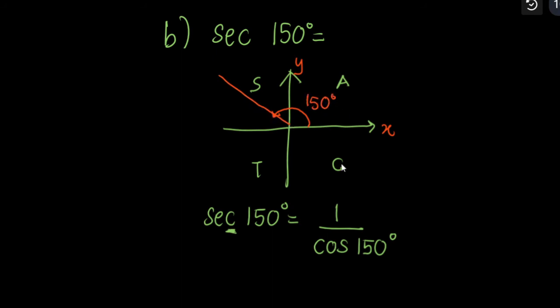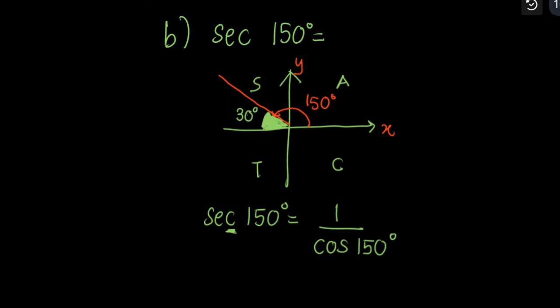150 degrees. But you cannot use the 150. You need to use the reference angle, this part. Remember, your reference angle is always the one touching the x-axis. What is the value here? 30, because a straight line is 180.